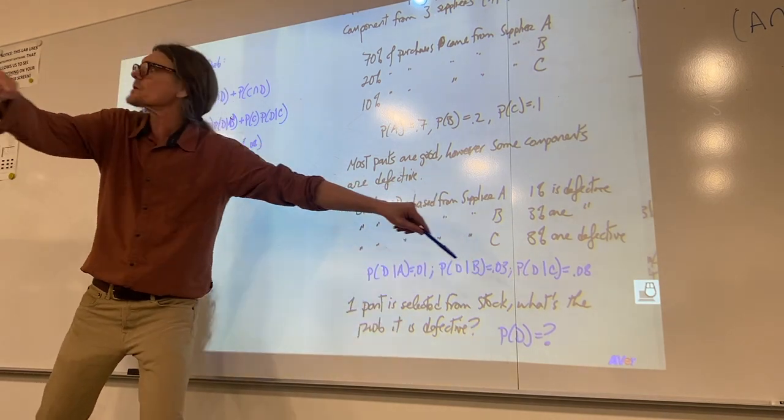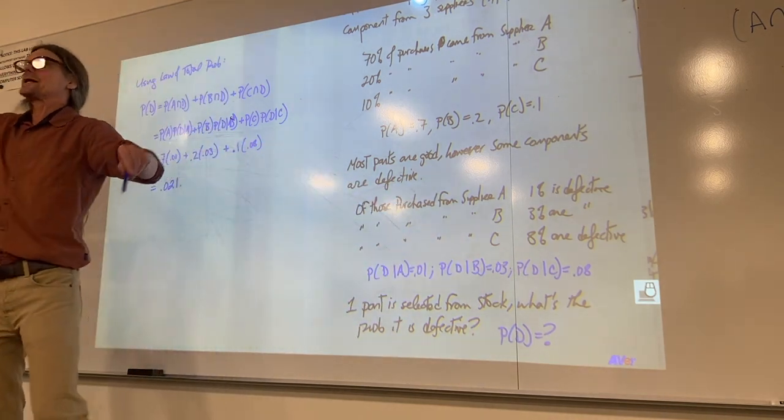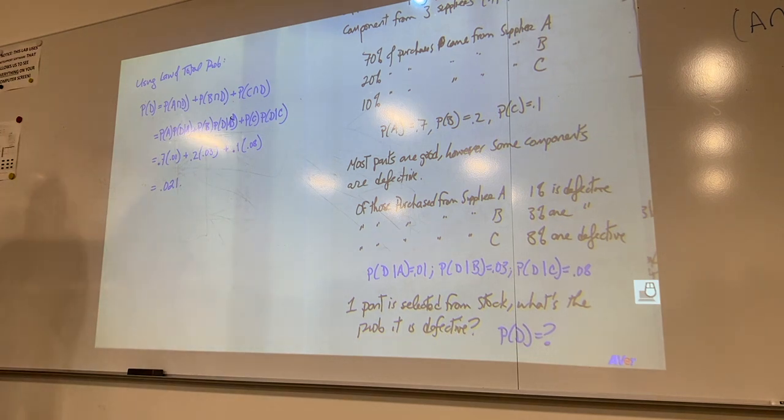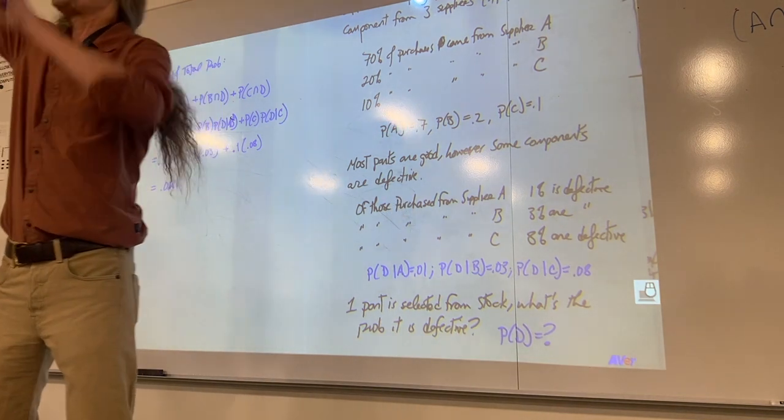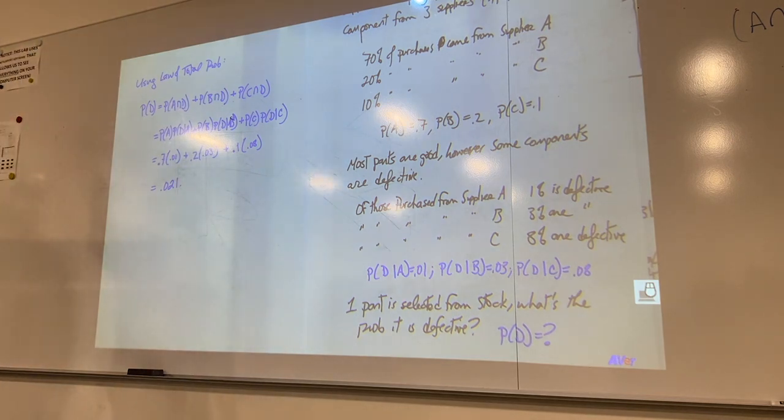If I buy from supplier 2, the defect rate is this. A Bayes' rule question would say this: I just picked up a part. The part is defective. What's the probability it came from supplier C? See how I changed the conditionality? So now we're conditioning on the quality of the part rather than the supplier. That's Bayes' rule. Let's take a break.